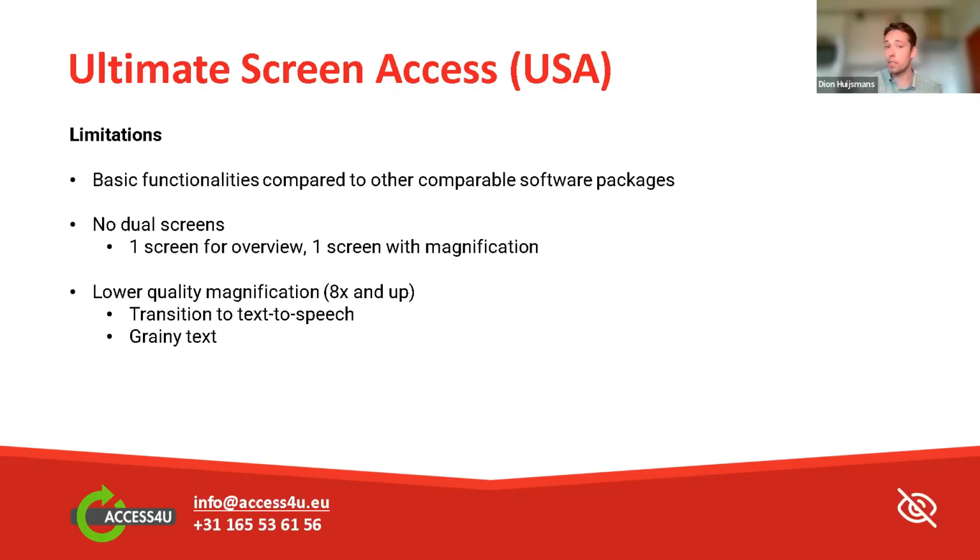The best thing about USA is the reliability and the basic functionalities, but this can also be seen as a limitation because other packages might be more elaborate and more user-friendly when you're heavily relying on software where there are specifications needed that JAWS or Supernova include. But still, the basic functionalities really work well, and we can offer it to a lot of end consumers.